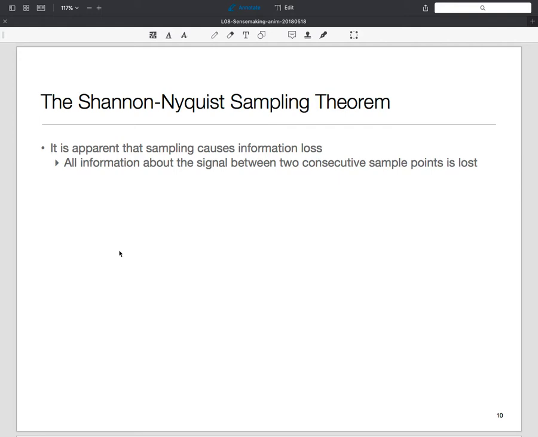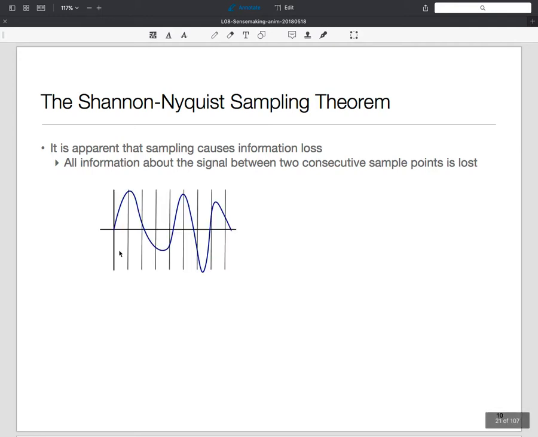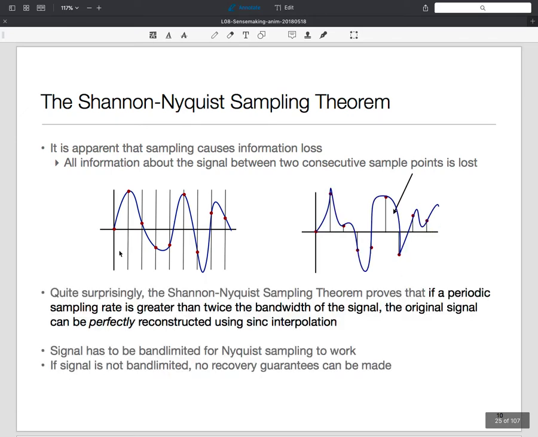In the absence of any assumption about the signal, just taking a few samples, I can draw infinitely many different curves through it. That's the act of sampling, and as you can see, we can draw many different curves.